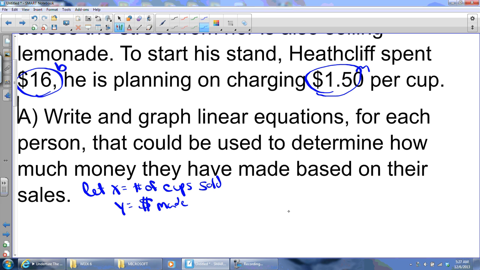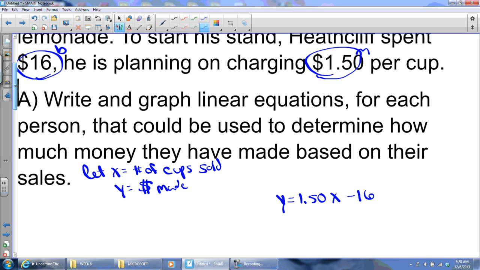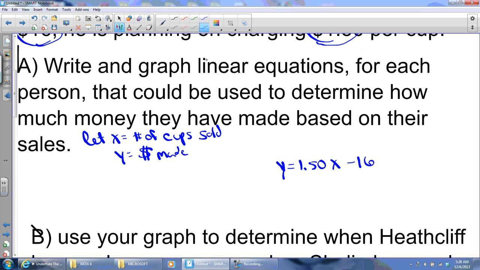So Heathcliff's equation would be y equals $1.50x minus 16 because he spent $16 of his own money. Now, I might go ahead and say y equals 3/2 x minus 16. Remember, in the last one, it was a lot easier to graph 1/2 than it was 50 cents.